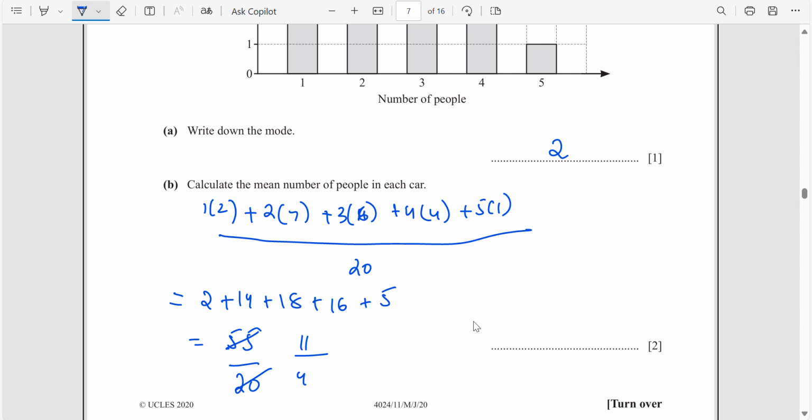And it's better to write the mean in decimal points. So you get 2.75.